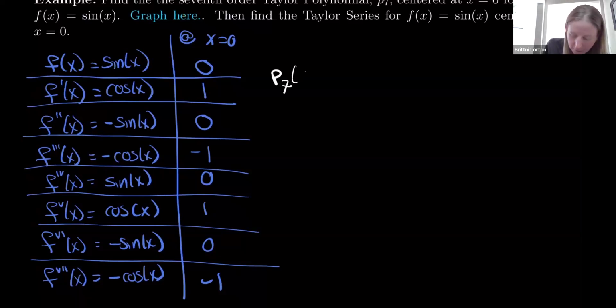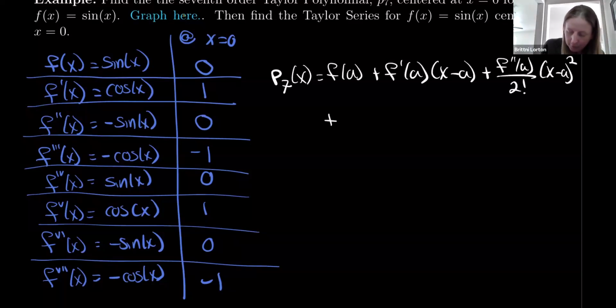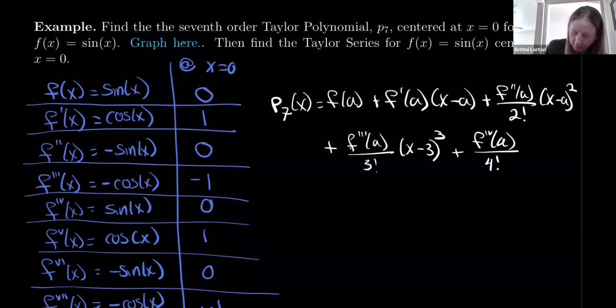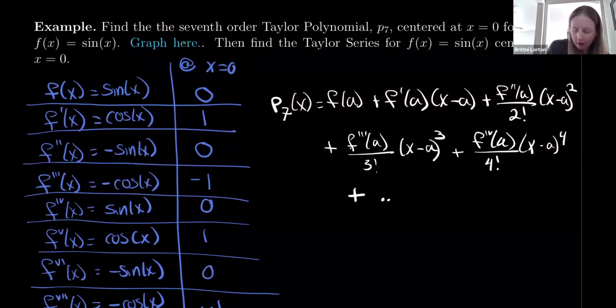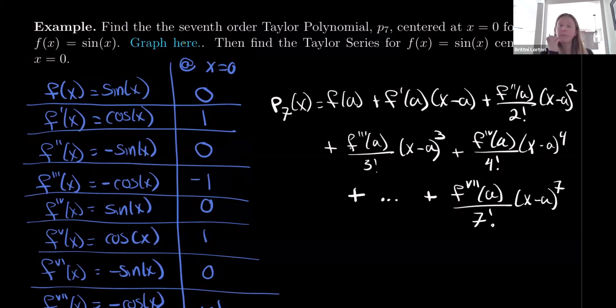P sub 7 of x is f of a plus f prime of a times x minus a plus f double prime of a over 2 factorial times x minus a squared plus f triple prime of a over 3 factorial times x minus a cubed, plus the 4th derivative at a over 4 factorial times x minus a to the 4th, plus all the way until I get to the 7th derivative at a over 7 factorial times x minus a to the 7th. That's the formula. That's the 7th order Taylor polynomial.